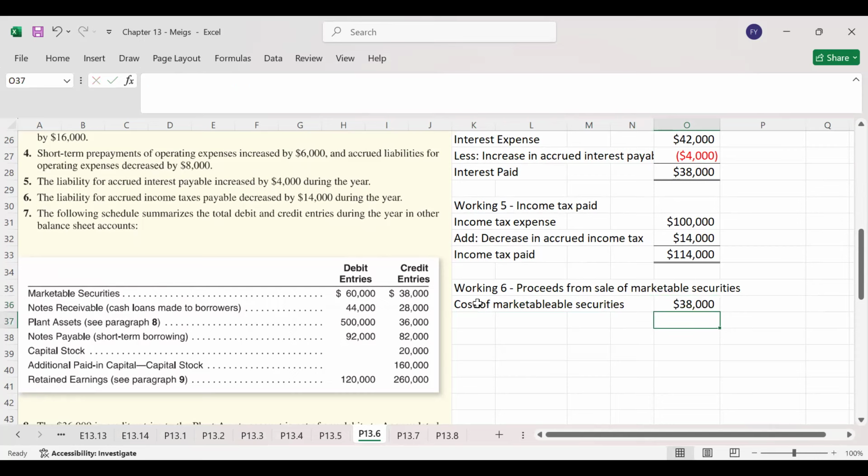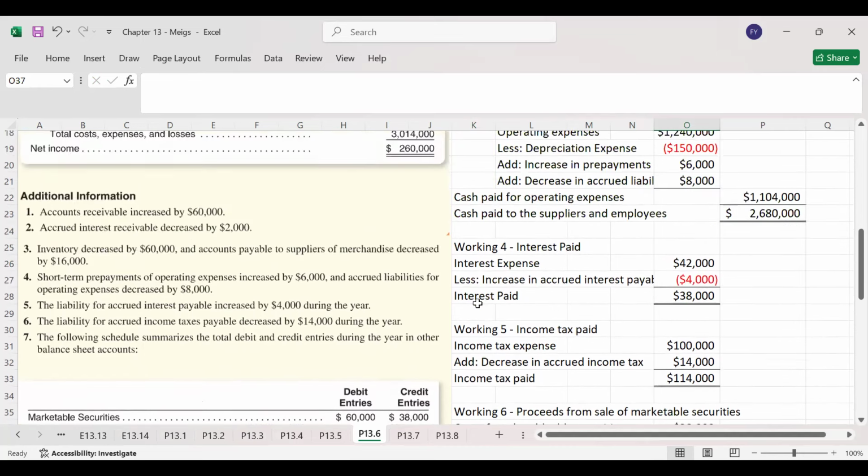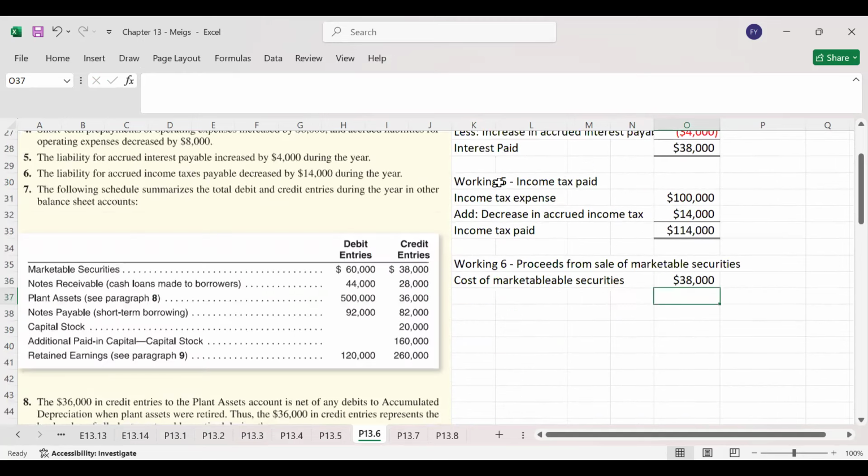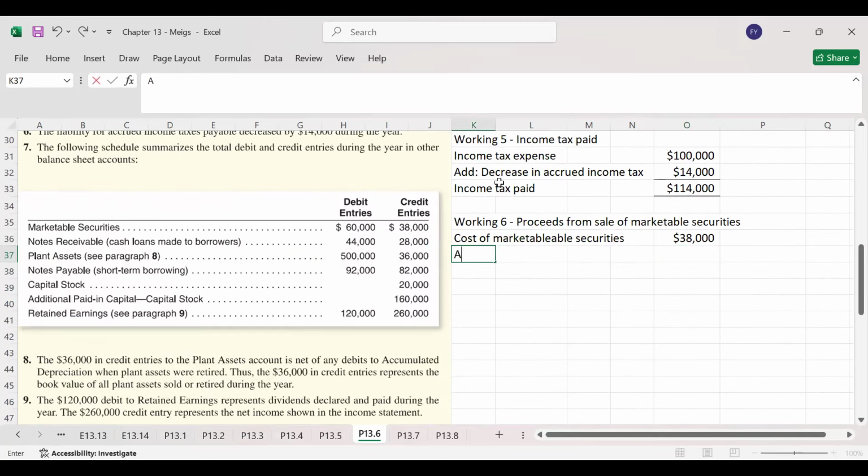Now we are simply adding any gain from the sale of marketable securities. You can see that we have a $34,000 gain. So we are going to add gain on marketable securities, which is $34,000. So total cash received from the sale of marketable securities.